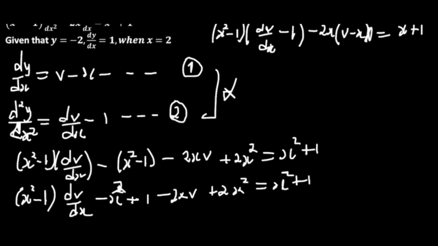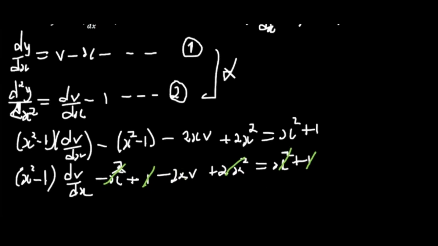So it's time to cancel out. We see there are some common things. So we see that 1 is going to cancel out with 1, and here we have 2x squared plus this is going to give us x squared, so it will go away with that, so we'll be left with minus 2xv.